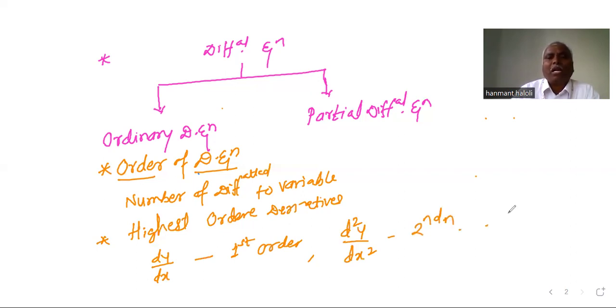Like that, the highest order, how many times the dependent variable is differentiated with respect to the independent variable, that number is called the order of the differential equation.